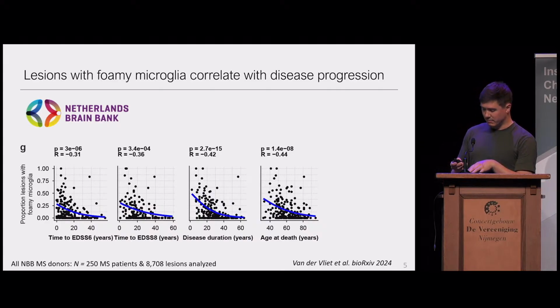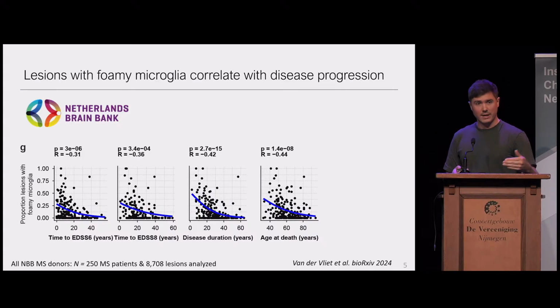So we see that donors with a lot of foamy lesions have a shorter time to reach clinical milestones like the EDSS 6 and 8 scores, but they also have a shorter disease duration overall, and they die at a younger age, which indicated to us that they had a very fast disease progression.